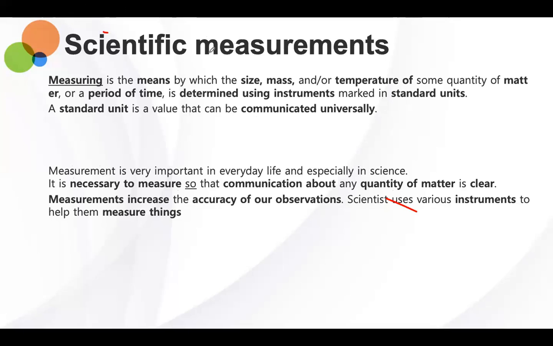Now, measurements increase the accuracy of our observation. Let's say we want to find out the distance from school to Falmouth. We could estimate it by saying it's about 2 kilometers, but by measuring it, we get a much better value, and our measurements are much more accurate.